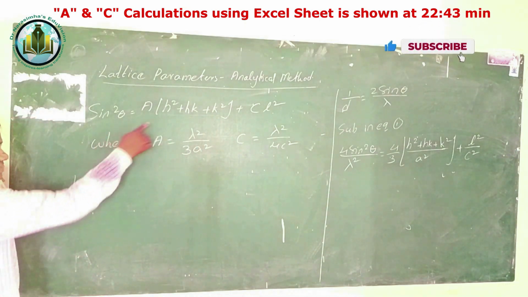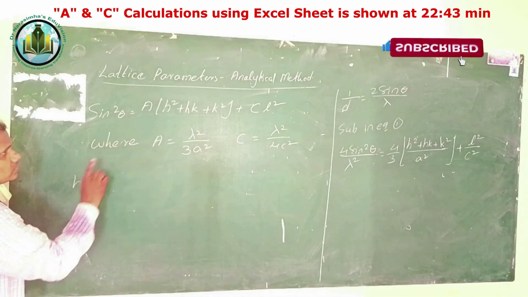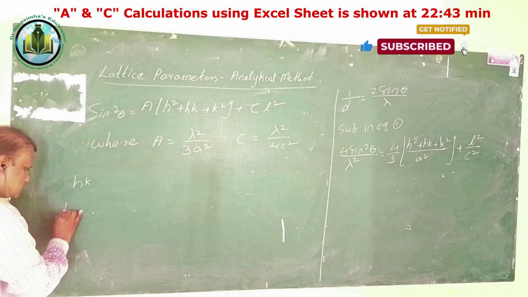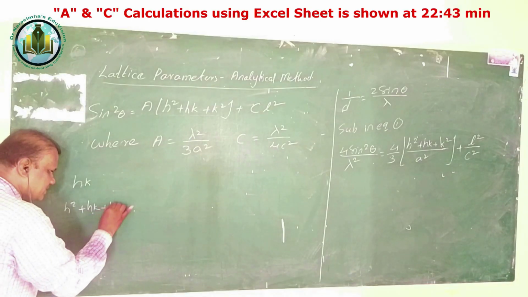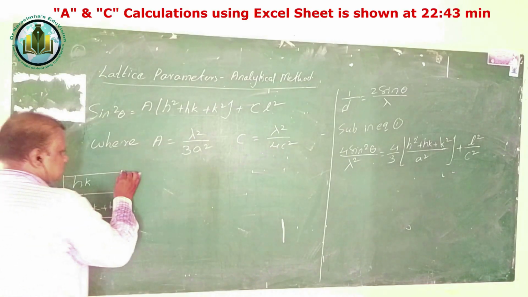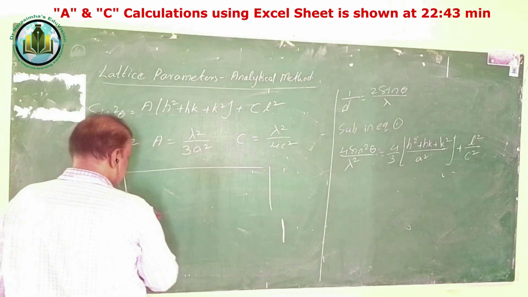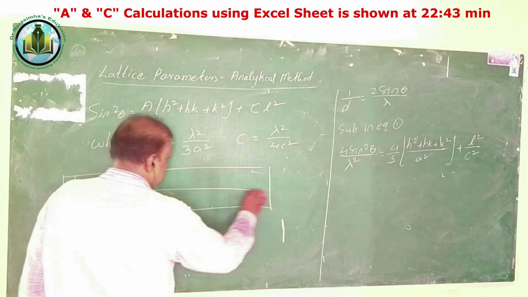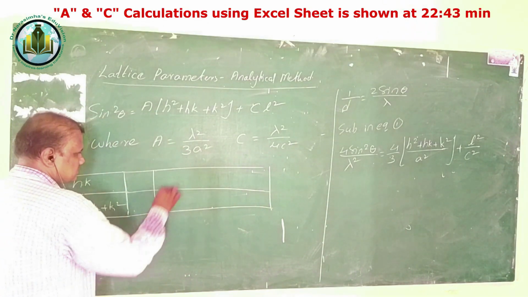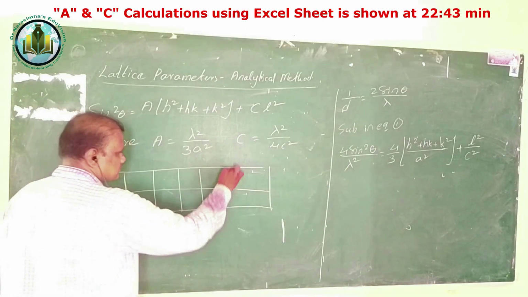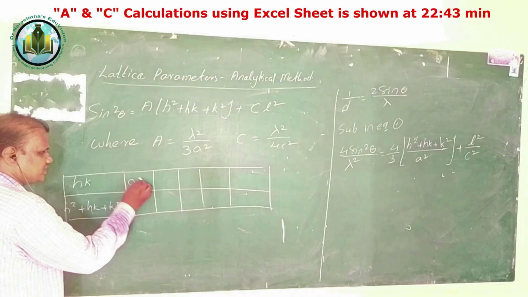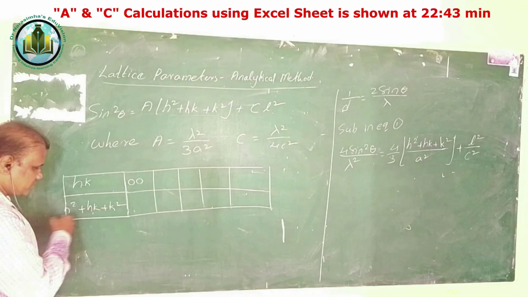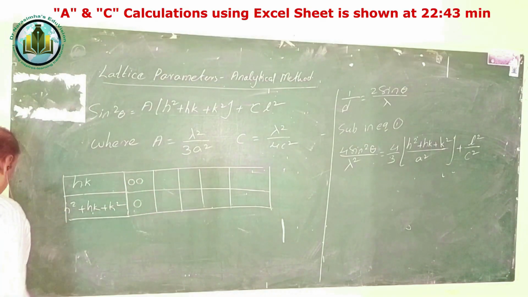Here I am going to find the possible values for this term, h square plus hk plus k square, because it is going to have only two values, h and k. If I take both h and k as 0, 0, this value becomes equal to 0.